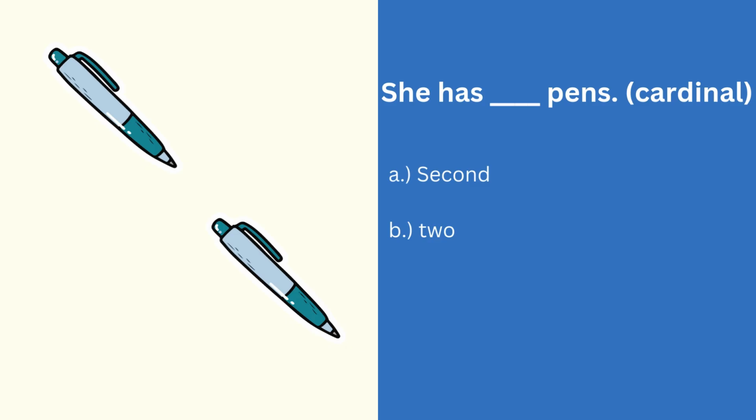A, second, or B, 2. Yes, the correct answer is B, 2. Why B, 2, not second? Because 2 tells us how many pens she has.